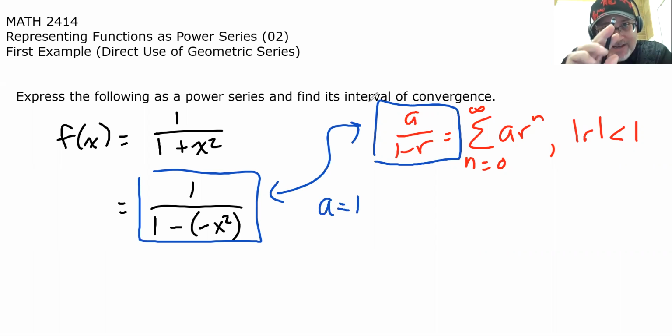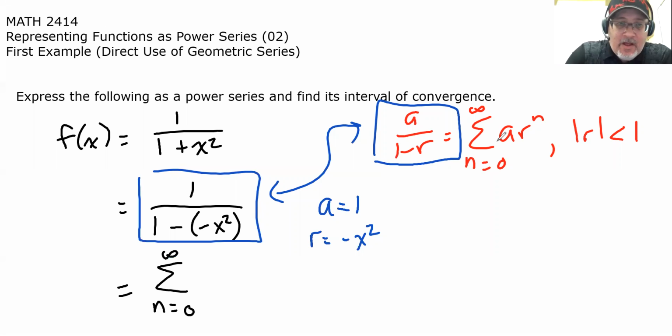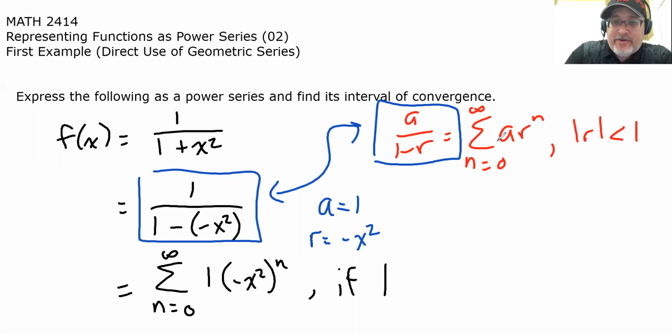The number being subtracted from the 1 in the denominator represents the ratio, which in this case is negative x squared, which means that our function can be set equal to the following sum. The sum from n equals 1 to infinity of the first term times the ratio raised to the nth power if the absolute value of the ratio, which in this case is negative x squared, is less than 1.